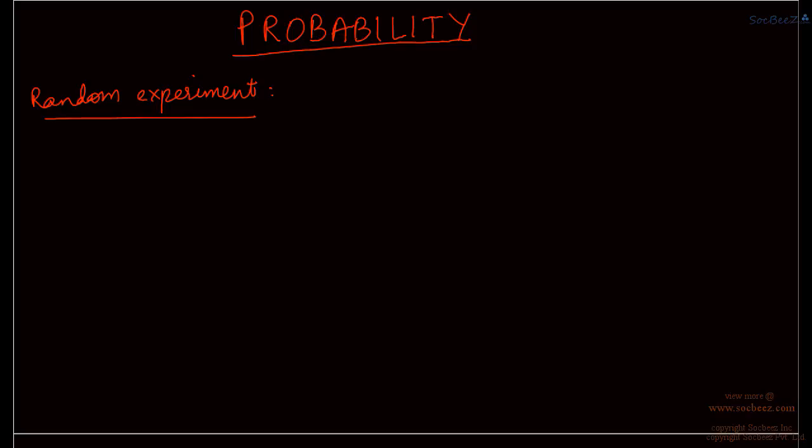So let us understand it in terms of these two examples. So random experiment, all possible outcomes are known, but we cannot predict the result.